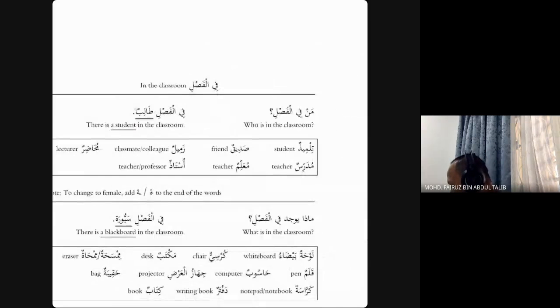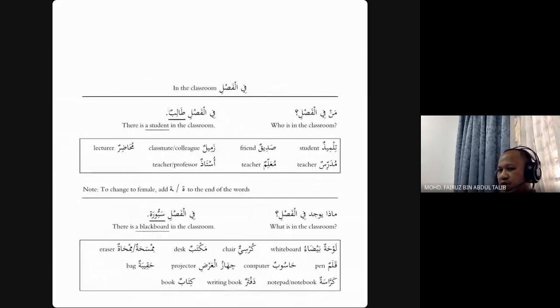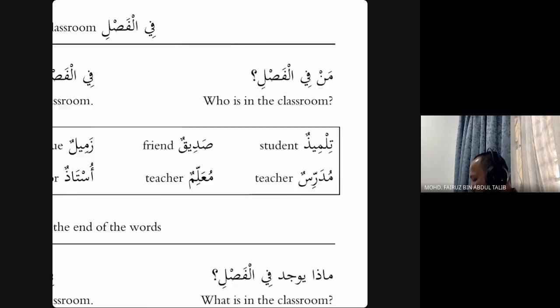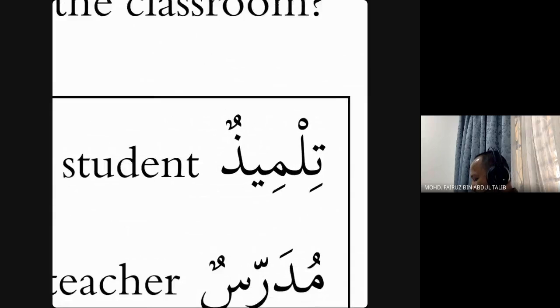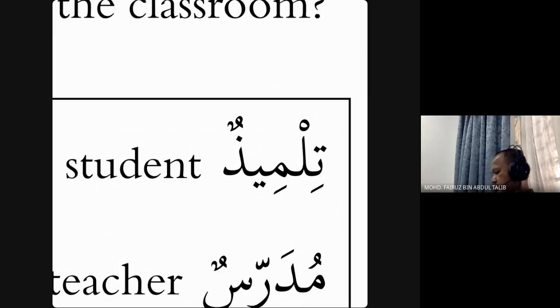Okay, now let us look at some vocabularies. For example, another word to say student. We have learned this word talib. We have another word to say student. So this is the word. Okay, can someone read this for me? This is the ta, lam, mim, ya, zal.